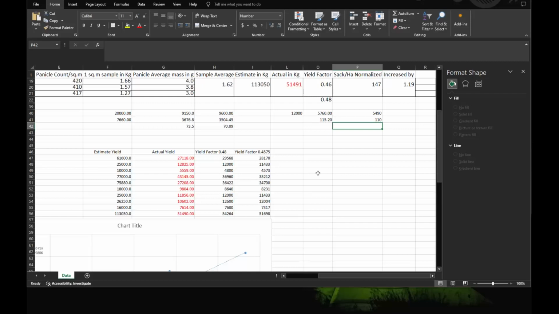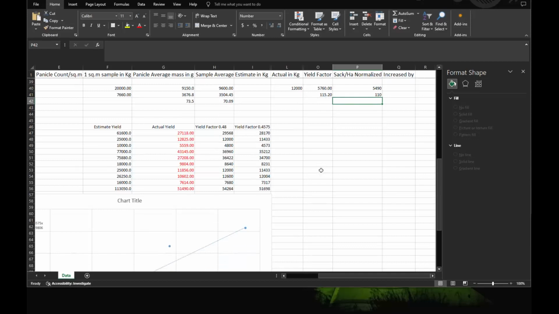Now, for me, I knew from the onset when I started to look into this that there is a factor. I would call it correction factor. It's not a calibration factor. Correction. I decided to use yield factor. Sorry, misspoke.